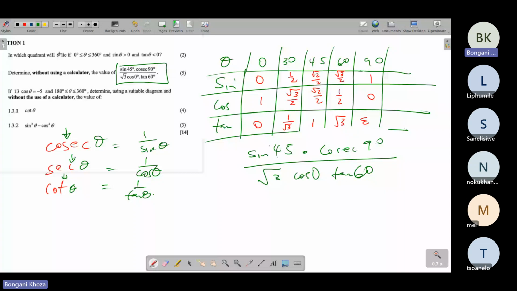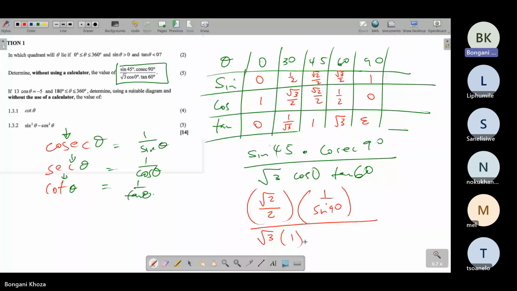Cosec is 1 over sine theta, and our angle here is 90. Divided by square root 3, then cos 0, which is 1, and tan 60, which is square root 3.